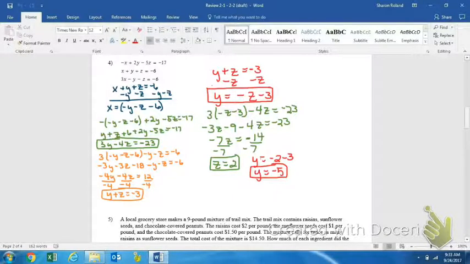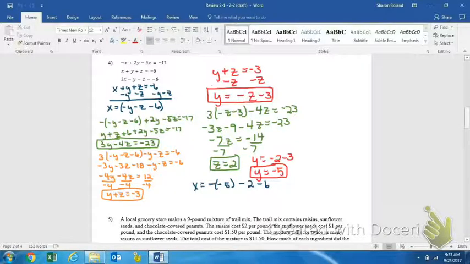Okay, so we need x, and the very first equation that we wrote has an x in it. And I'm going to plug these into there. X equals negative y, so that's negative negative 5, minus z, minus 6.